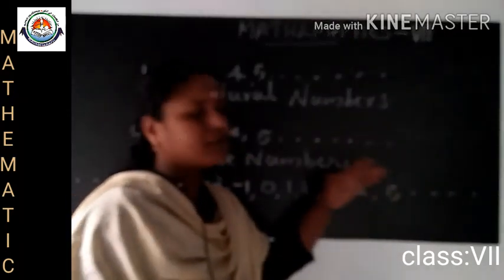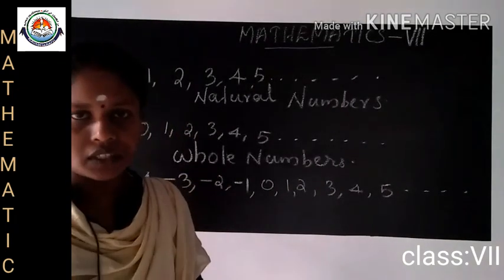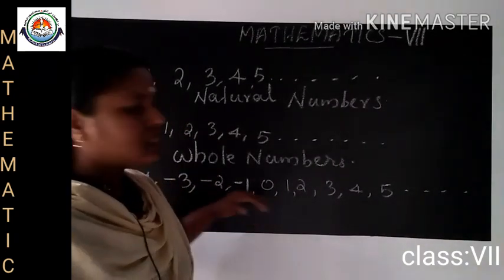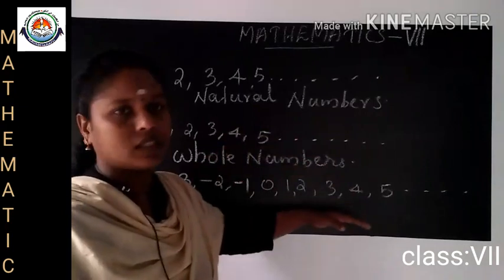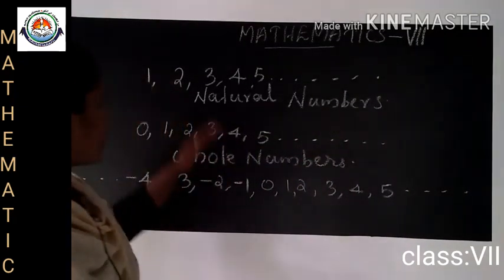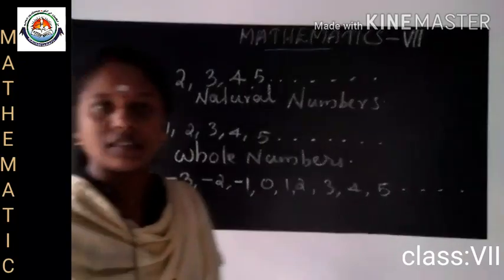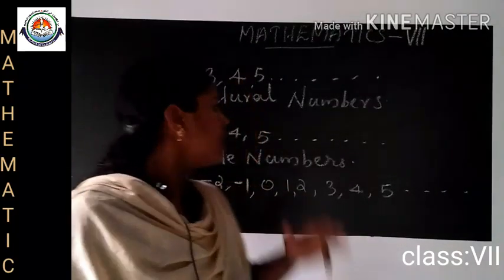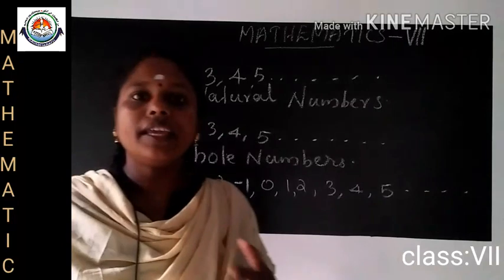This number system is known as integers. So integers means negative and positive numbers including 0. We have studied these three number systems: natural numbers, whole numbers and integers.